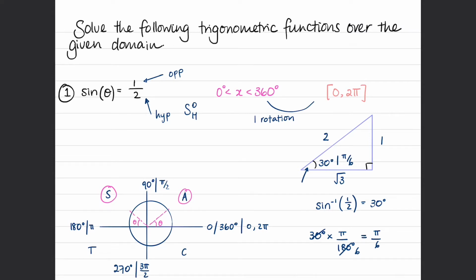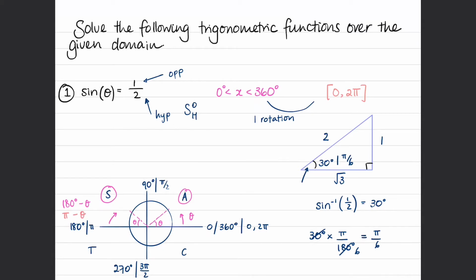To work out my angle in the first quadrant, all I have to do is use the reference angle. However, if I'm looking at the second quadrant, I actually need to work in a clockwise direction. In degrees mode, that's going to be 180 degrees minus the angle, or in radians, that's pi minus the angle.